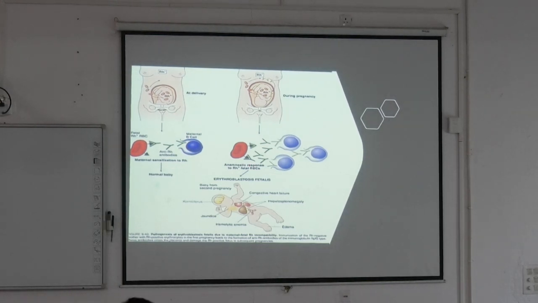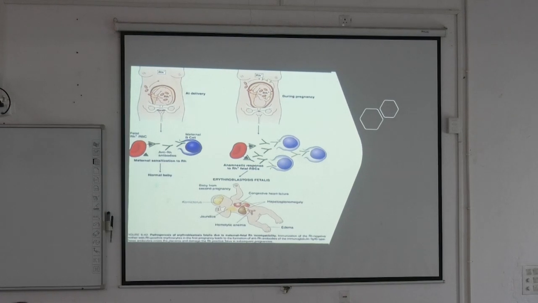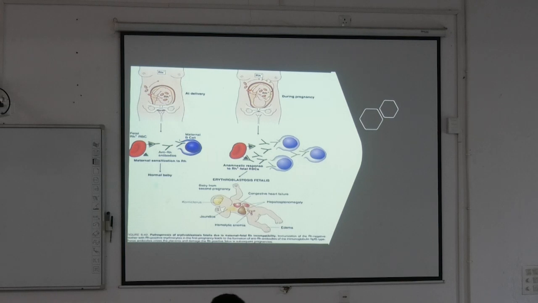When Rh incompatibility occurs, when an Rh negative mother gives birth to an Rh positive child, this agglutination reaction starts occurring first at the time of second delivery. At the first delivery, the sensitization occurs. The Rh positive antigen crosses the placenta and comes into the mother's circulation, and the sensitization occurs.